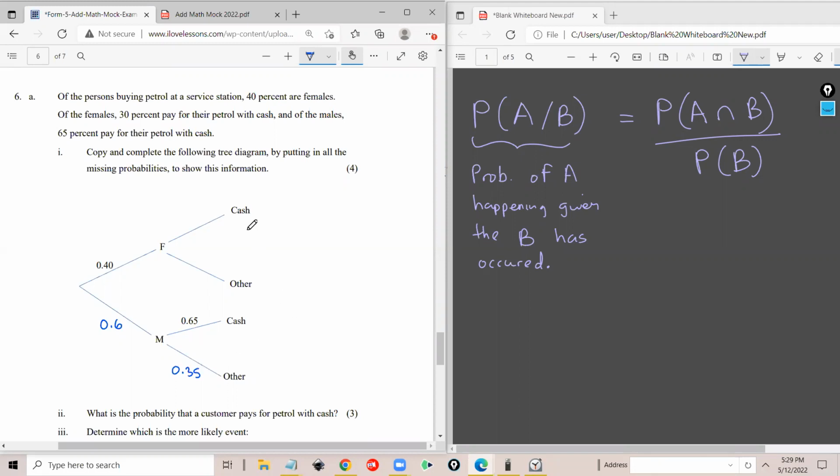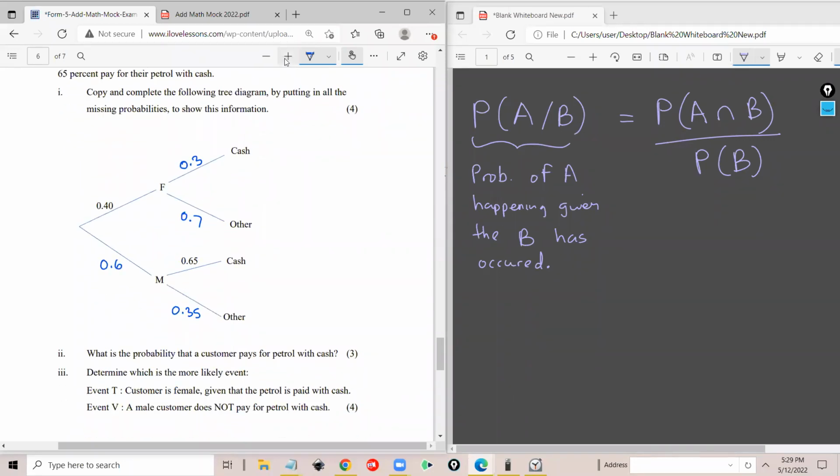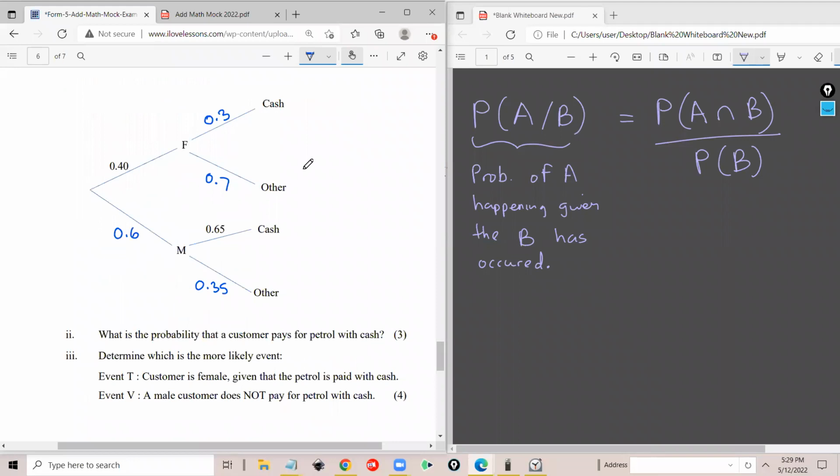I think that was pretty easy. 30% of the females pay with cash, so they're already telling us here it is 0.3, and here it is 0.7. So once you have that diagram correct with the correct values, it should be easy enough to do part 2 and part 3. But take it from there just in case you weren't sure about the diagram.